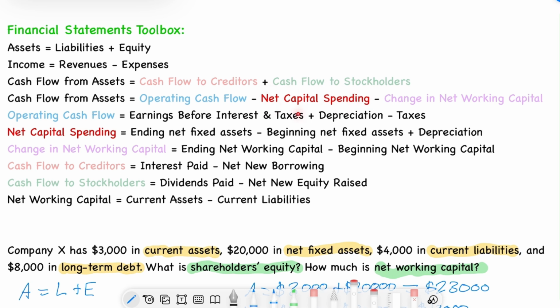It uses our net capital spending, and it uses our change in net working capital. What we don't have is operating cash flow, and we don't have our cash flow from assets, but we can find our cash flow from assets by adding these two together, which are already given. Then we should have three numbers that we know and one that we don't, and that should allow us to find our operating cash flow. So let's see how this works out.